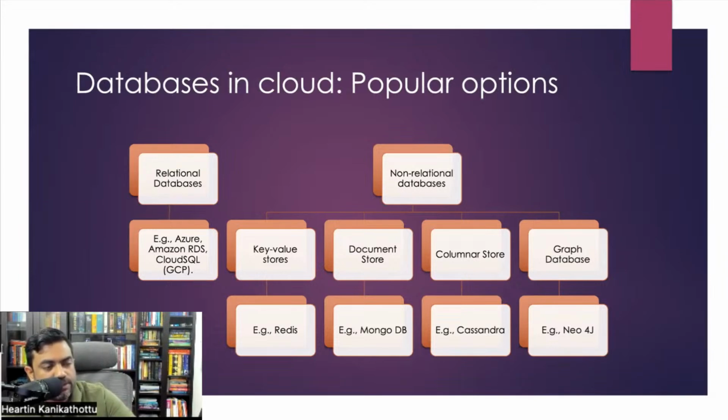So consider distributed databases and data spread across multiple servers, right? All the data for Heartin will be on one server, all the data for Sam on another server, all the data for Amit on another server. Maybe it could be on the same server also, but just imagine that it is on different servers.